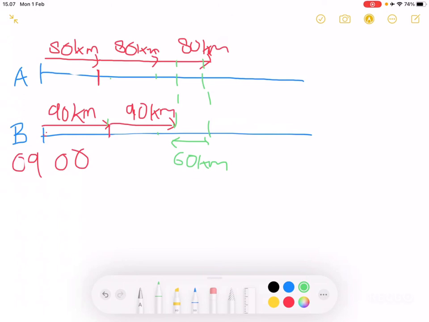And we can already notice the pattern right here. Notice that the distance between A and B decreases by 10 kilometers every hour. So we can just write this down.